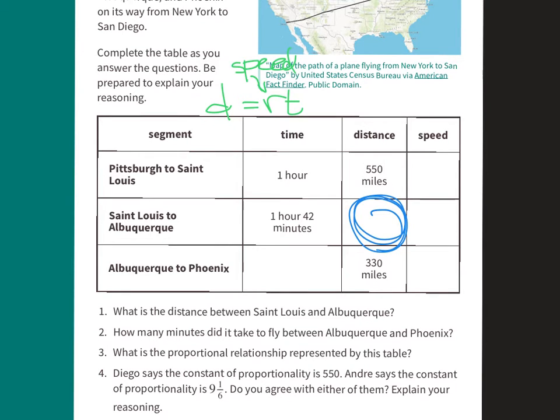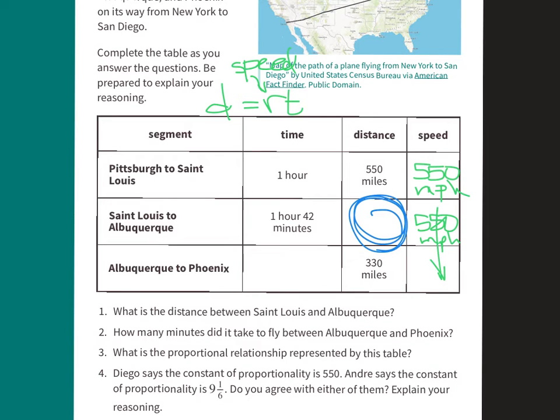Okay, so let's figure out the speed. From Pittsburgh to St. Louis, they went 550 miles in 1 hour. So how fast were they going? Well, they were going 550 miles per hour, and that is the same for all of them.